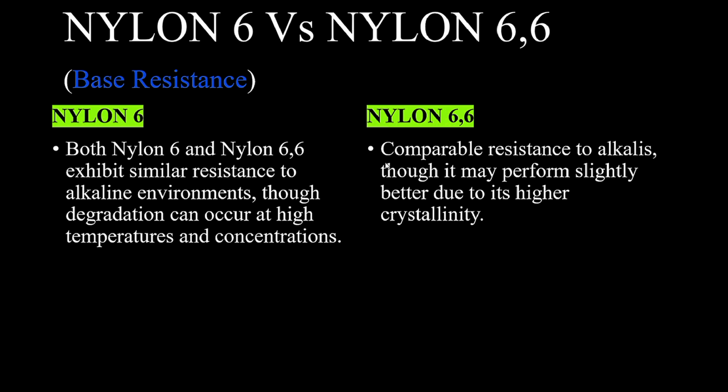So with respect to base resistance, there is no major difference between nylon 6 and nylon 6,6, though nylon 6,6 has slightly better resistance. But in the case of acid resistance, nylon 6,6 has comparably higher resistance as compared to nylon 6.